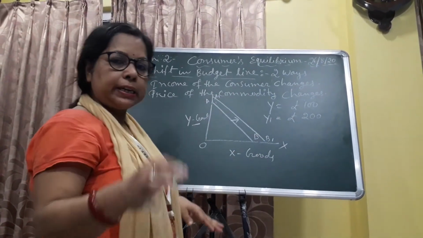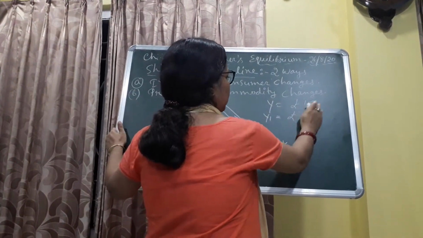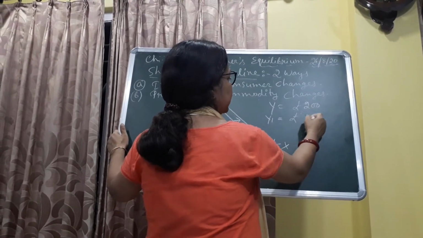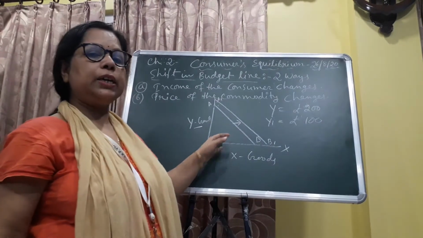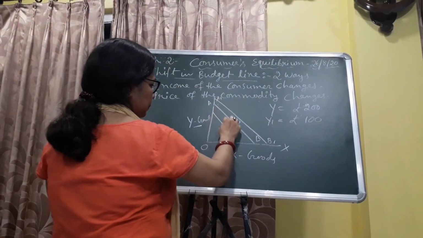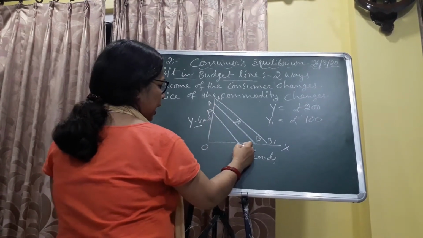Now if the income decreases, say from 200 to 100, then the budget line will shift to the left side, to A2 and B2.